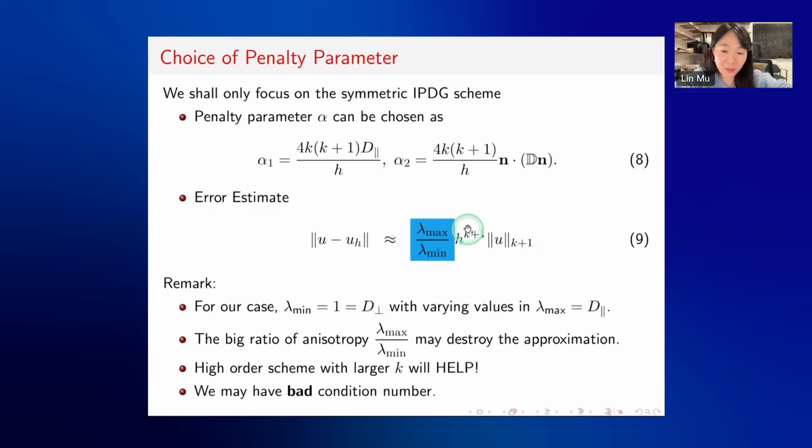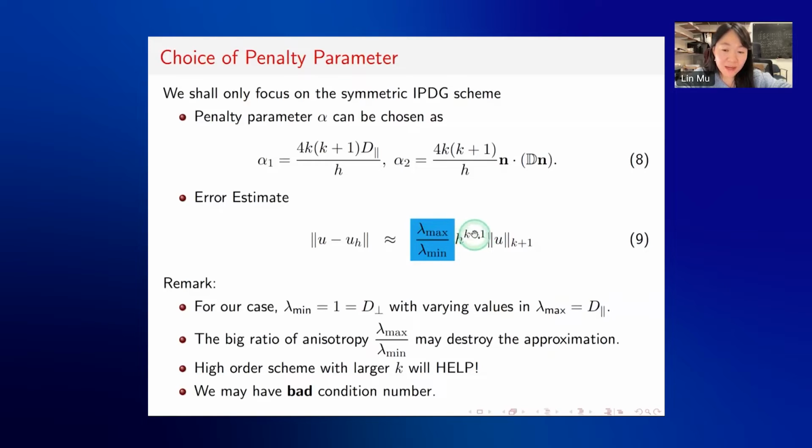Another way is to increase this k. k is the polynomial degree. So if we have a high order scheme, this decaying factor may help our numerical solution and help us get a more accurate numerical approximation. So that's our idea. We will use a big value of k and get a more accurate numerical solution.